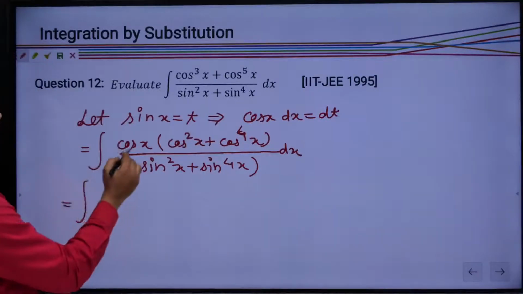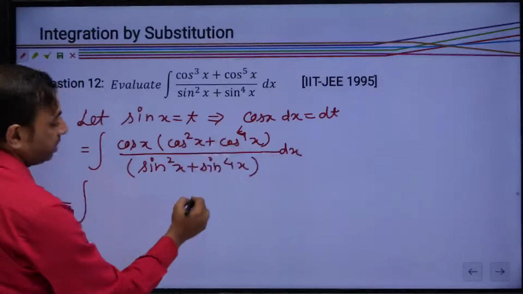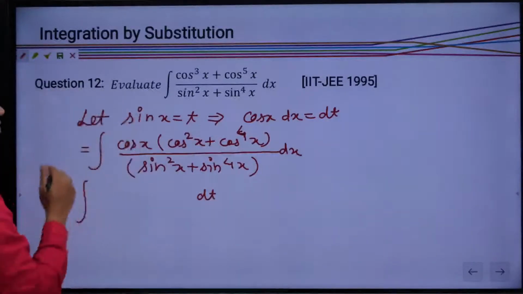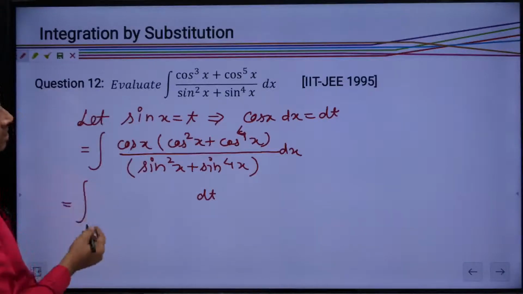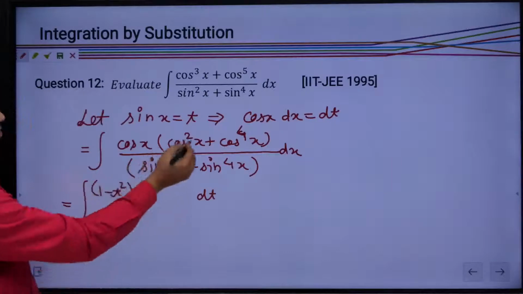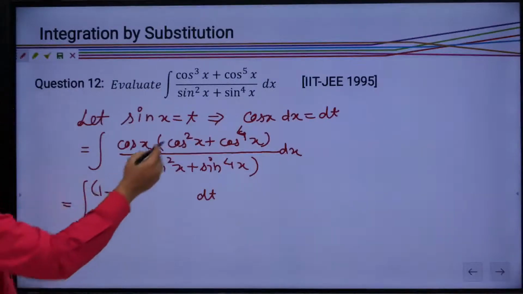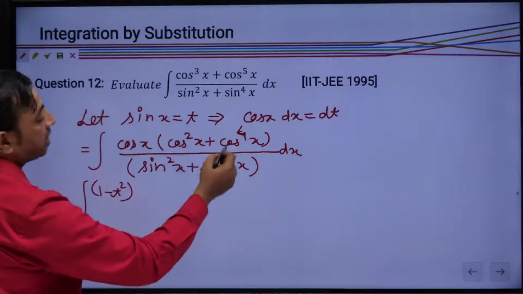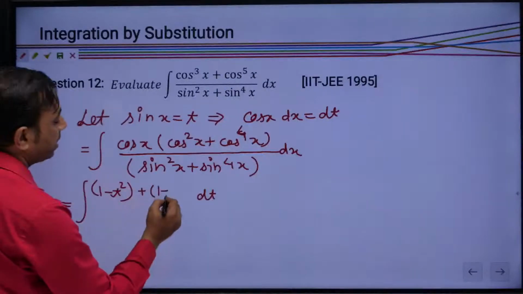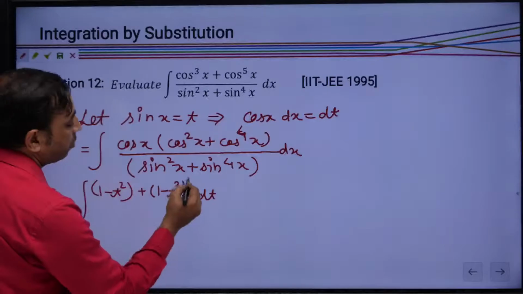So this cos x dx will be my dt. Now the cos square x, from sin square x, will be 1 minus sin square x, so it will be 1 minus t square. This is the cos square replaced in terms of t, while the cos 4x can be considered as cos square x whole square, so it is 1 minus t square whole square.